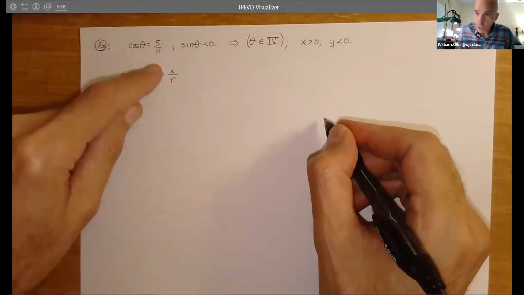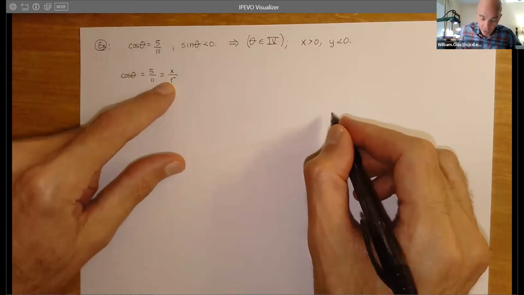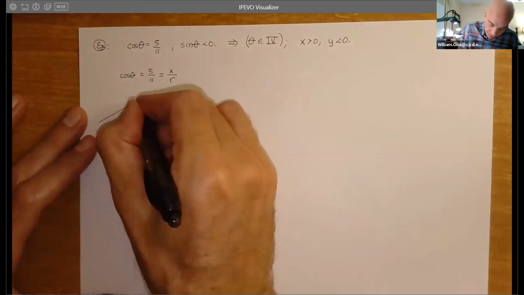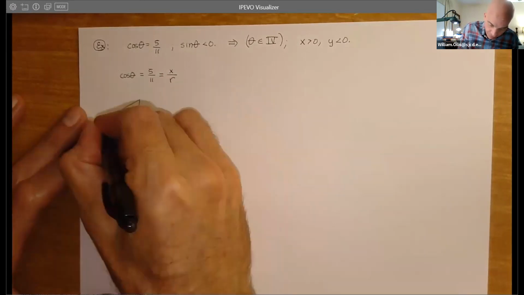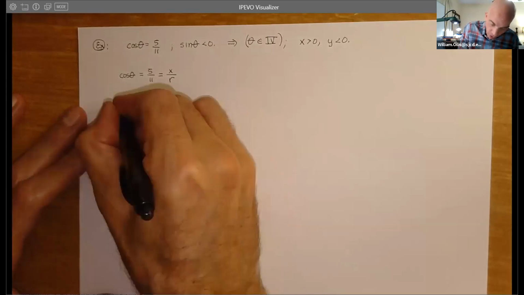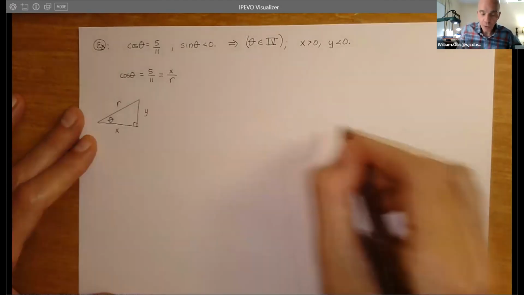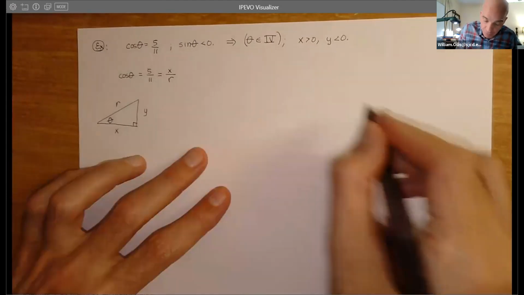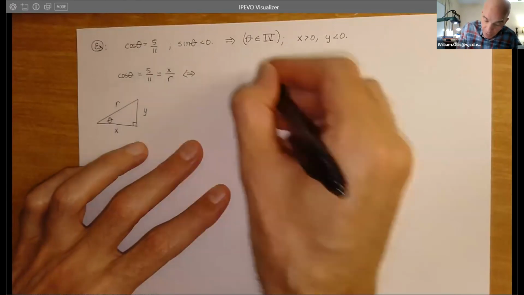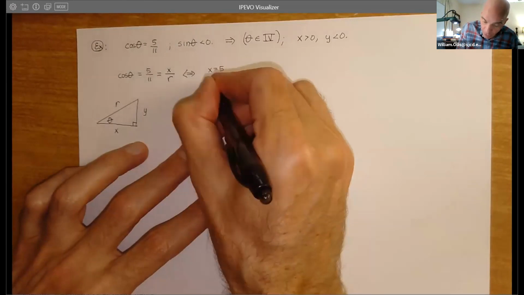Again, we think of the triangle adjacent over hypotenuse. So if you want, you can just think of it like this: r, x, y, just a simple right triangle. So now, if and only if, we can just take the ratios directly. So we have x equals 5, r equals 11.